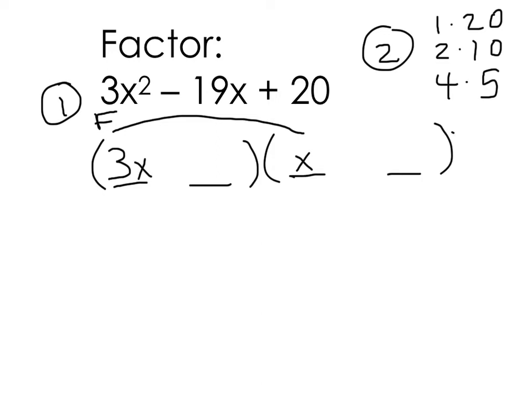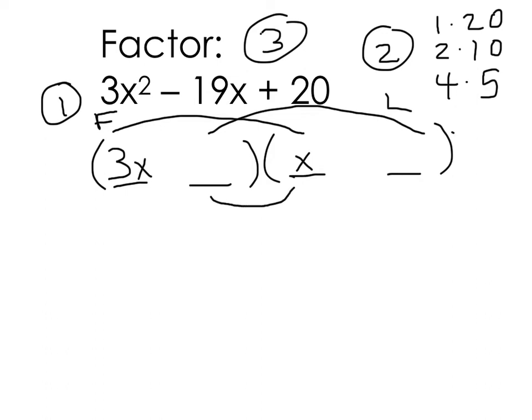Let's figure out what the signs are. Sometimes I do that first. We'll do it third now, it's okay. Plus 20. You want to get a positive 20 when you multiply these two last numbers. That means their signs must be the same. It has to be a plus and a plus or a minus and a minus. Which one will it be?